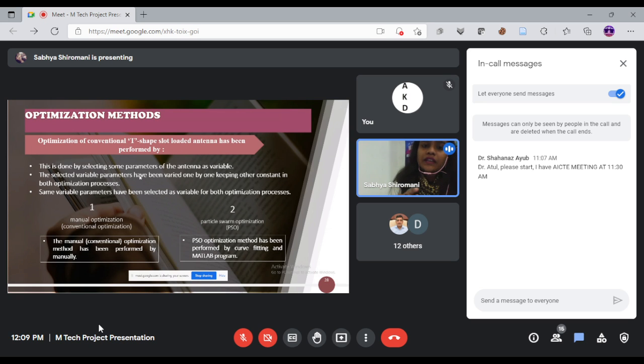While we are designing, another slot has been loaded. Is two dielectric used? No, sir, I have used only one, the same dielectric, and thereafter I have just performed with the slot over there.